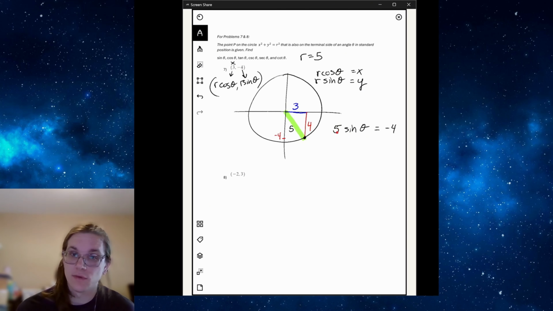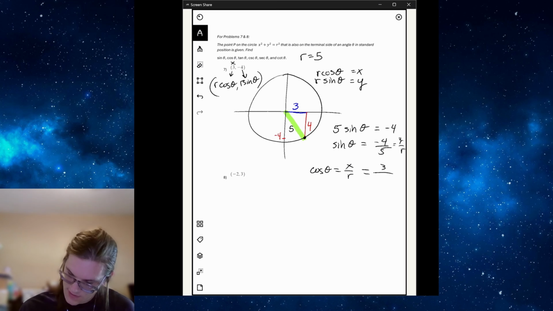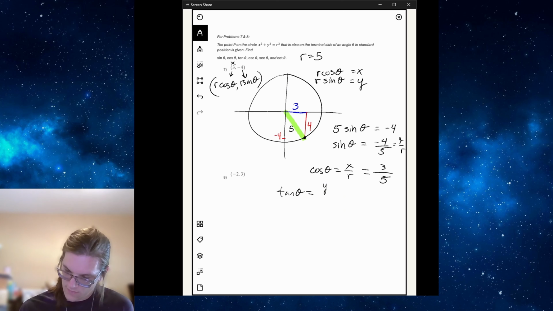If we move this on over there, the sine of theta is negative 4 over 5. Another way of saying it is y over r. So cosine being x over r is 3 over r, which is 3/5. Tangent they asked for is just y over x. There's no r involved.